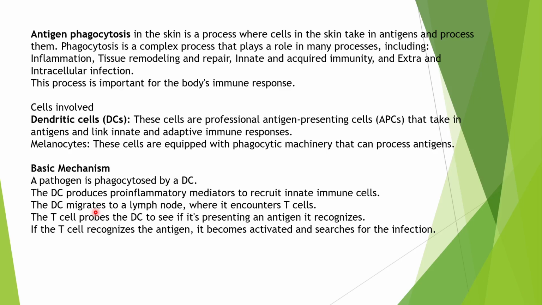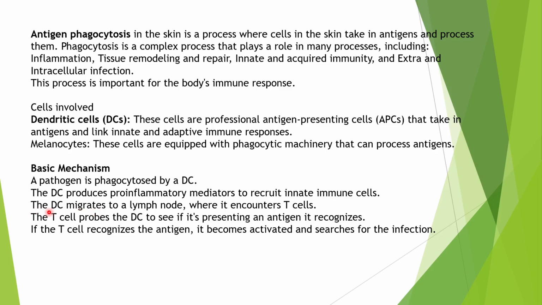These cytokines will enhance the activation or proliferation of other immune cells, whichever is required depending upon the type of pathogen and antigen, and they will all be recruited in that place to attack and process the antigen or pathogen.